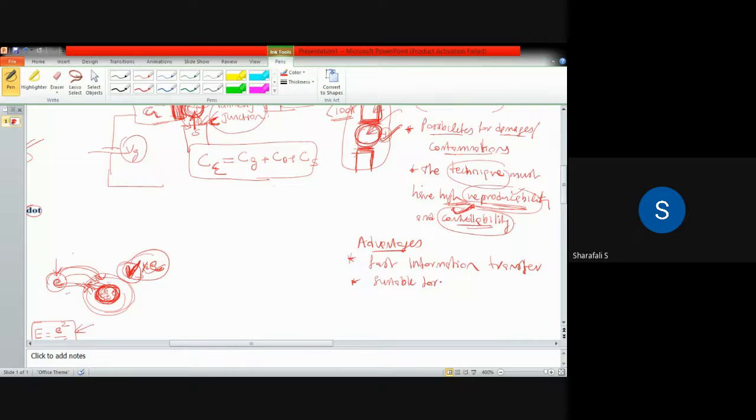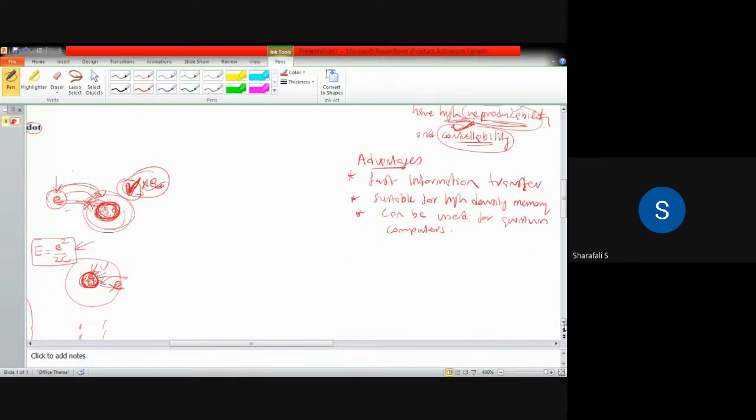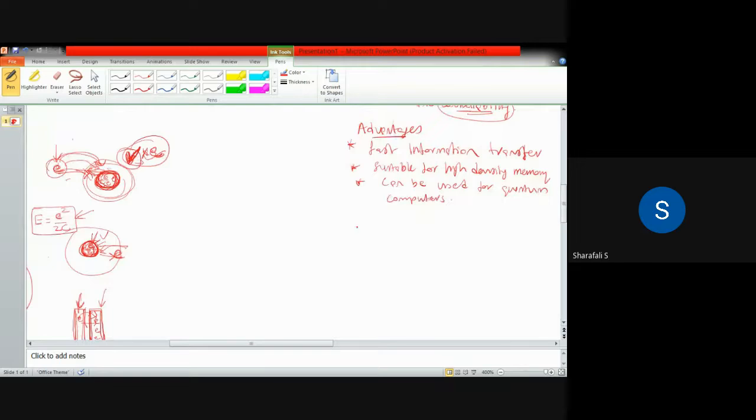And third, it can be used for quantum computers. And many other advantages also there. We are listing some important advantages.